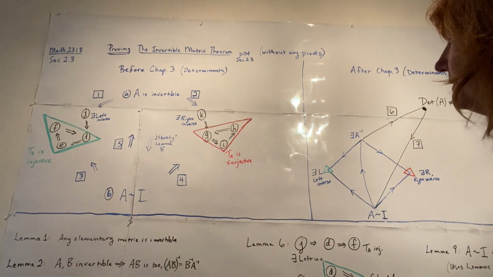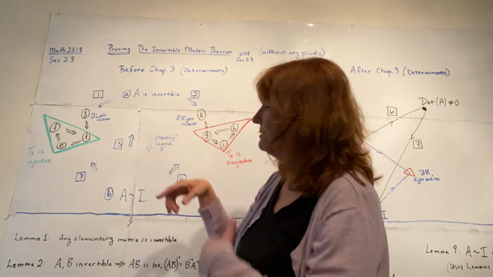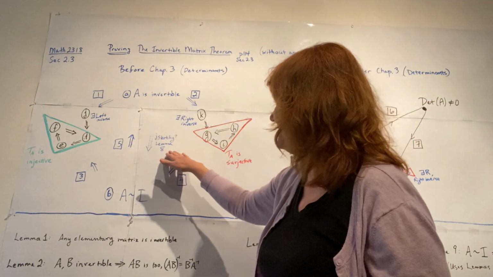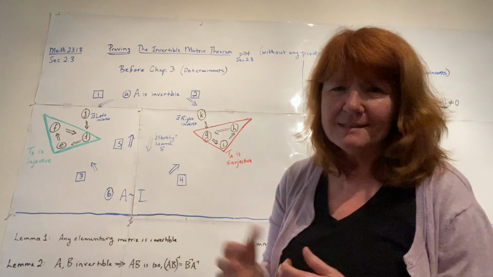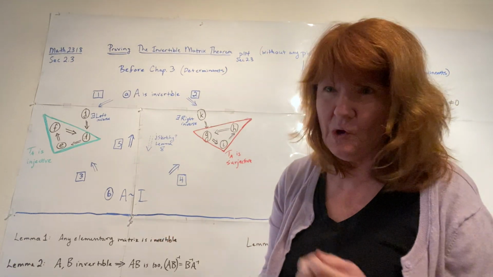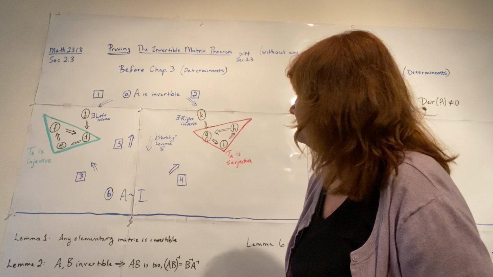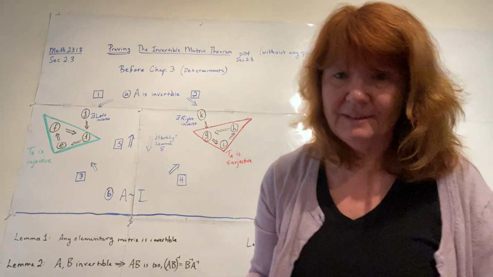Okay, back over here in chapter 2, there's this sort of sketchy Lemma 8. Well, let's talk about that. It's not that sketchy, but it's just kind of, I think, long, drawn out. And at least it's more solid than using pivots.